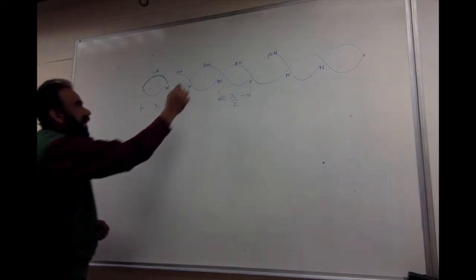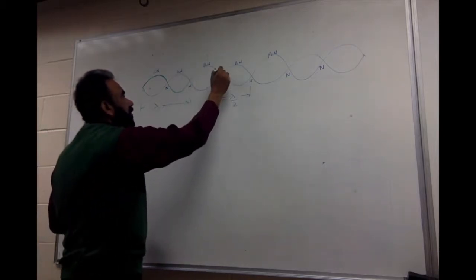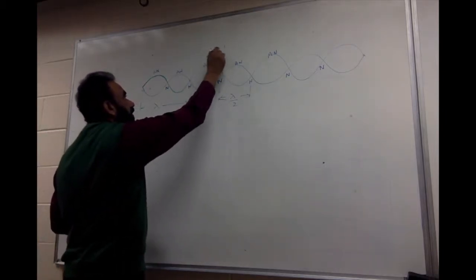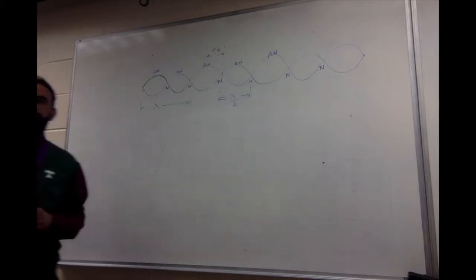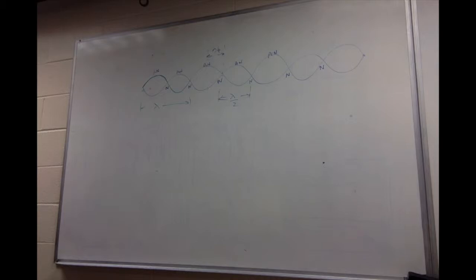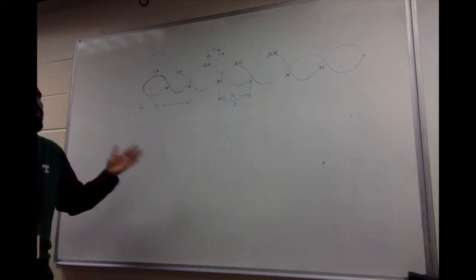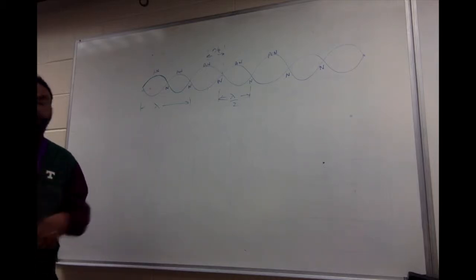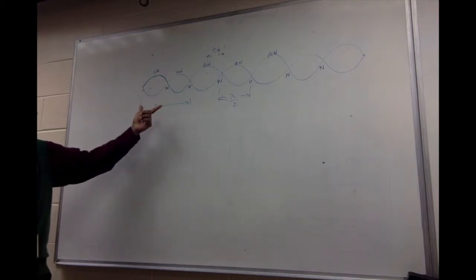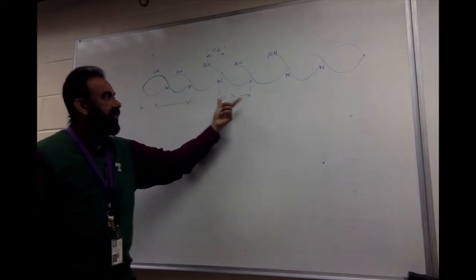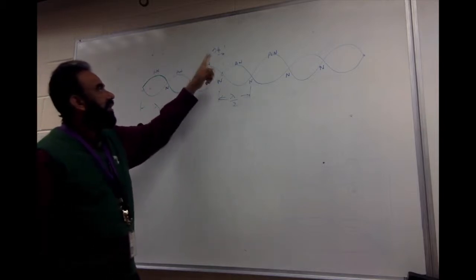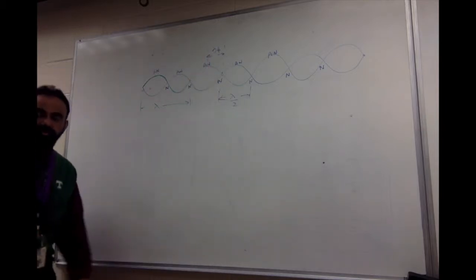And the distance from an antinode to a node is 1/4 of a wavelength. So understand that's the basic thing you need to understand. In a standing wave, the distance between one node and another node is half a wavelength. The distance between an antinode and a node is 1/4 of a wavelength.